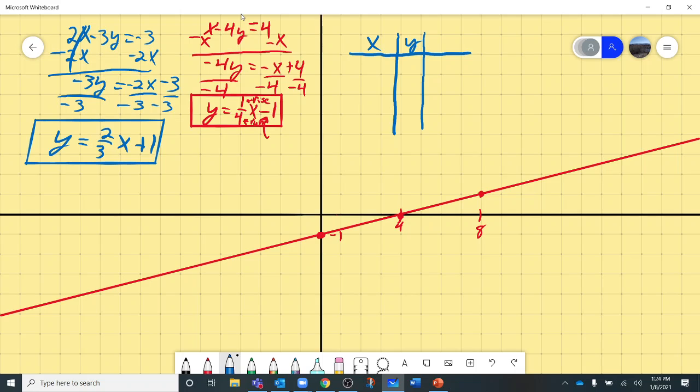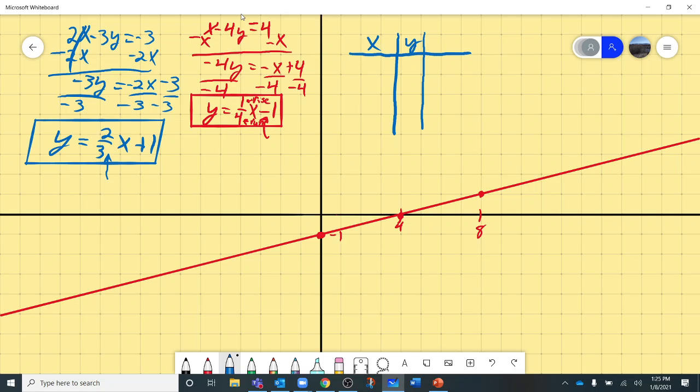But also looking at this equation, my slope has a 3 in the denominator. And if I want to get rid of that fraction, remember this from when we were solving equations, we have to multiply by a common multiple of the denominators. And so if I pick points that are common multiples of 3, then it'll get rid of my fraction and make things a little bit easier for me.